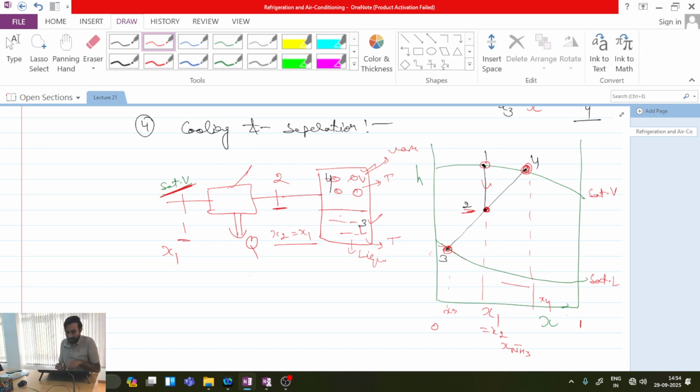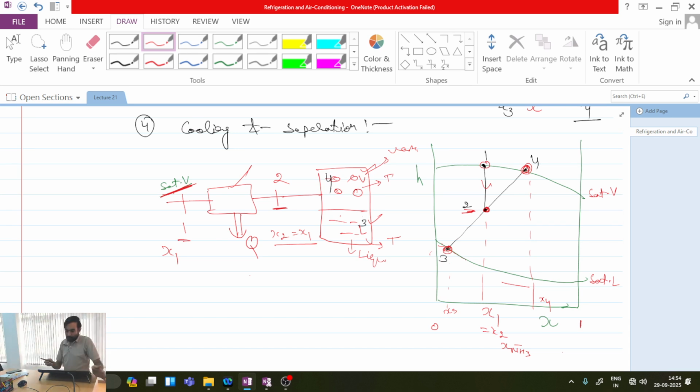The composition of ammonia in the liquid is very, very less. Here the composition of ammonia in the vapor is significantly large. So it means upon cooling I can separate out the mixture.